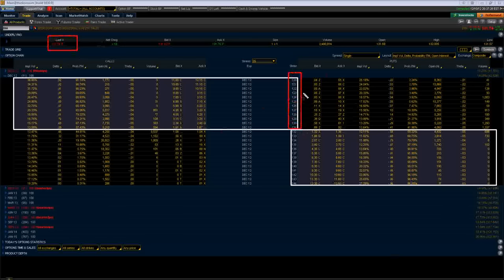Not every security has dollar-wide strikes. Some securities have $5 wide strikes. Some securities can do even bigger than that. Some securities go 250. It depends on the liquidity and the volume of that particular security.